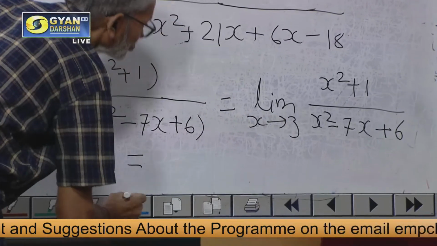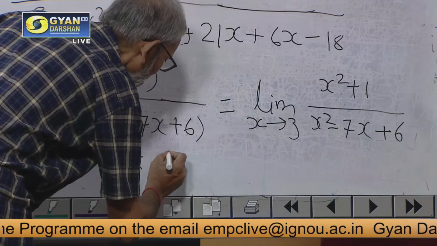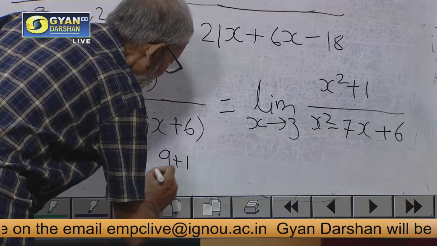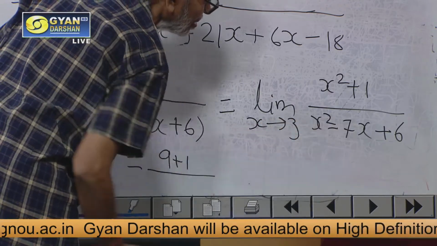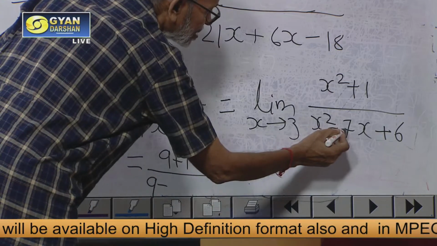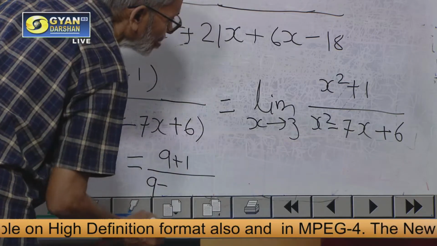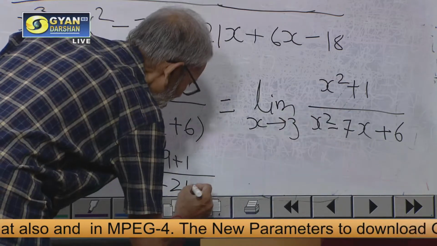Now, we can put x is equal to 3. So, we will get here 9 plus 1 divided by 9 minus, we are putting x is equal to 3, so 21 plus 6.